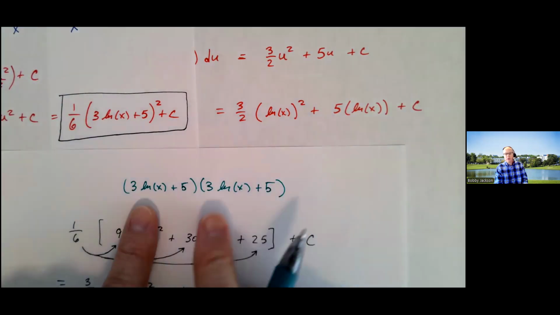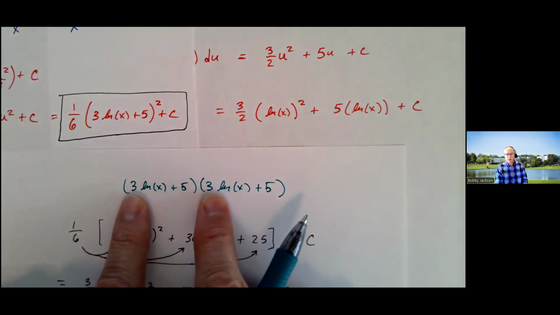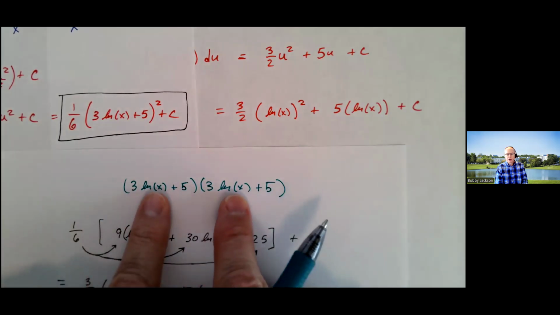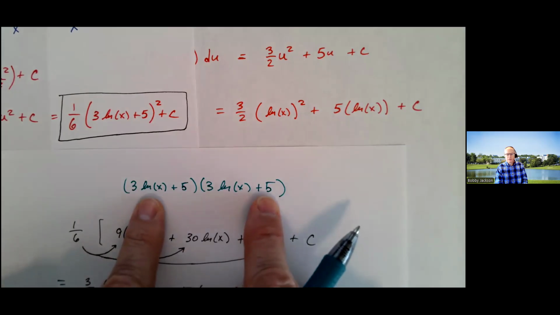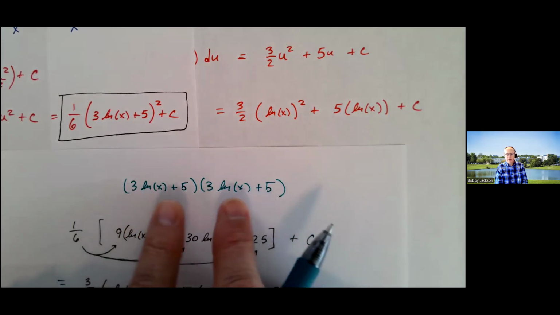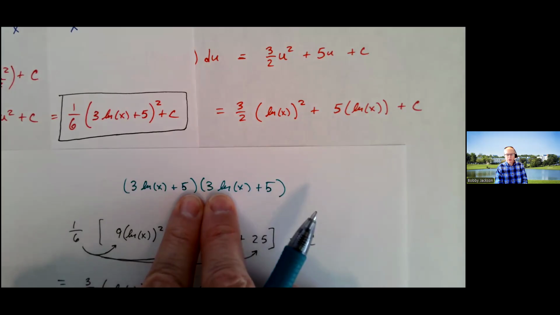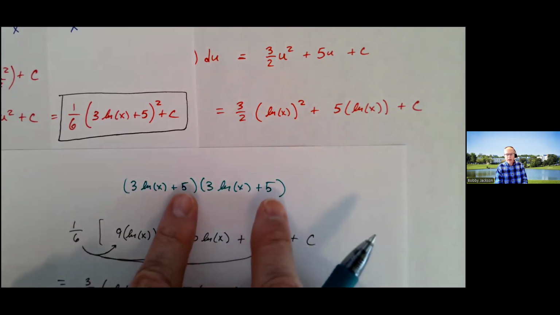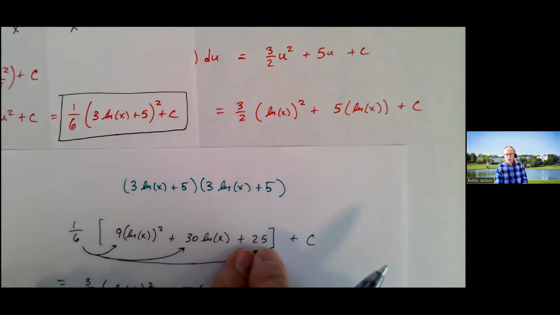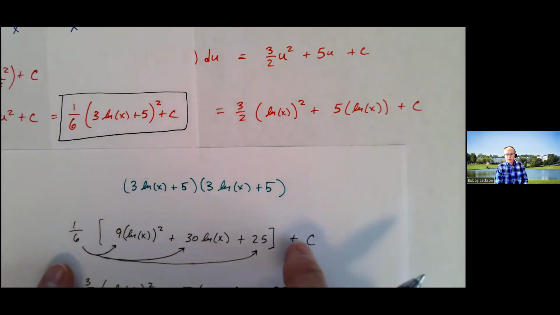First times first: 3 times 3 is 9, natural log of x times natural log of x is natural log of x squared. The outer is 5 times 3, 15 natural log of x, and so is the inner, 15 natural log of x. So 15 plus 15 is 30 natural log of x. And last times last, 5 times 5 is 25. Plus our c.